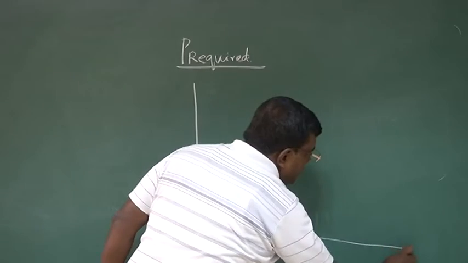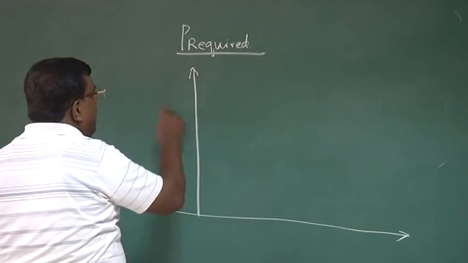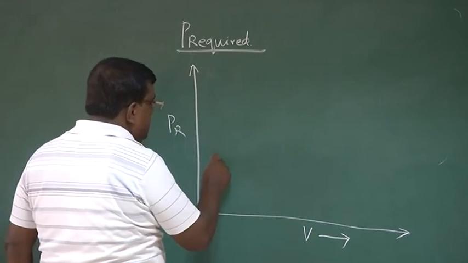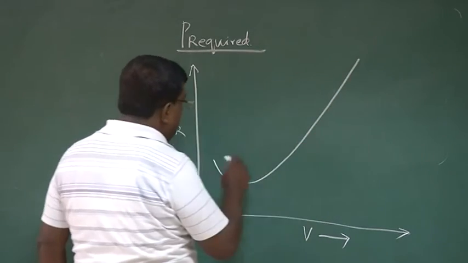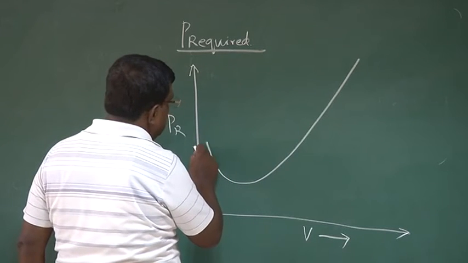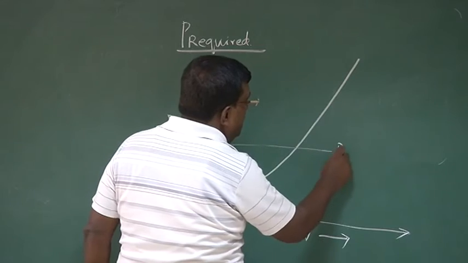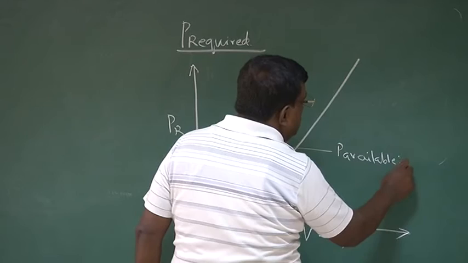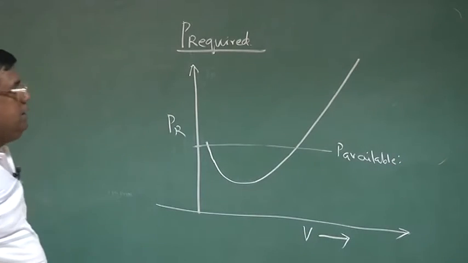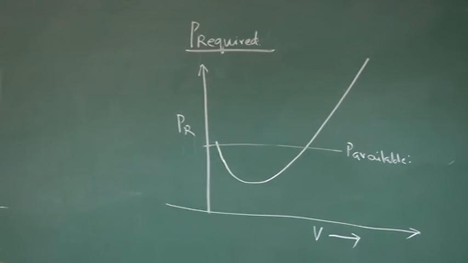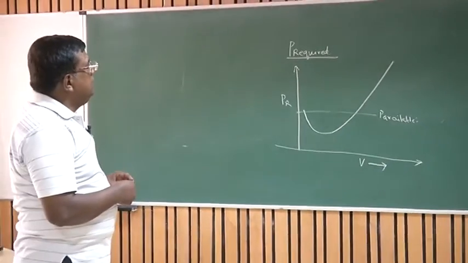Now, if you again revisit power required versus speed or velocity, the graph looks like this, and let's say this is the power available. It's typically a propeller IC engine combination where the power available almost remains constant for practical purposes, as far as understanding the basic physics behind it.